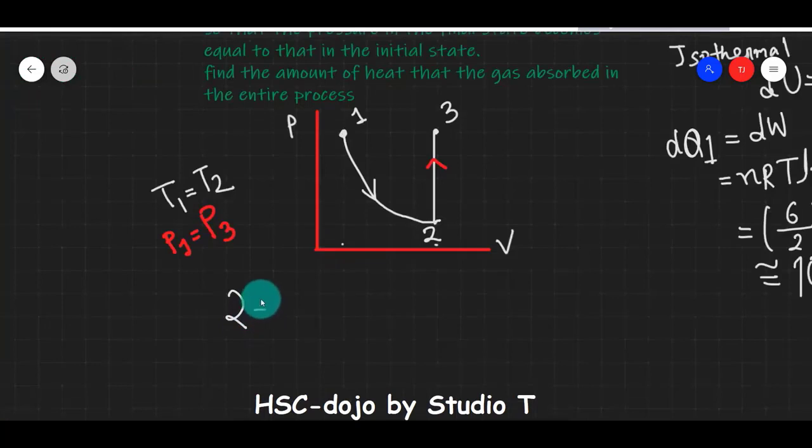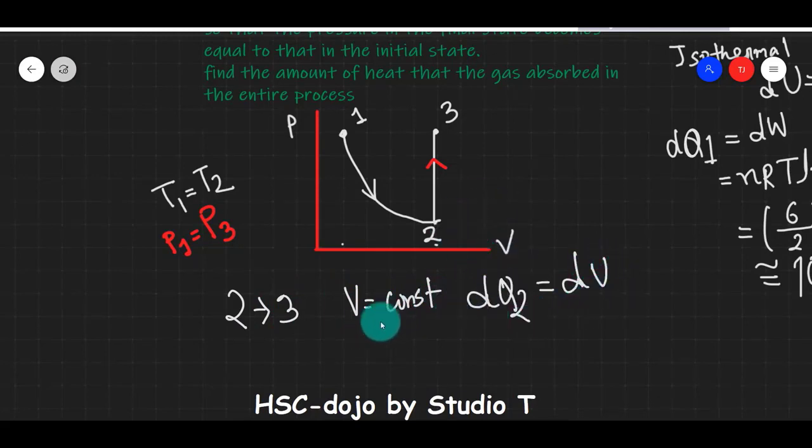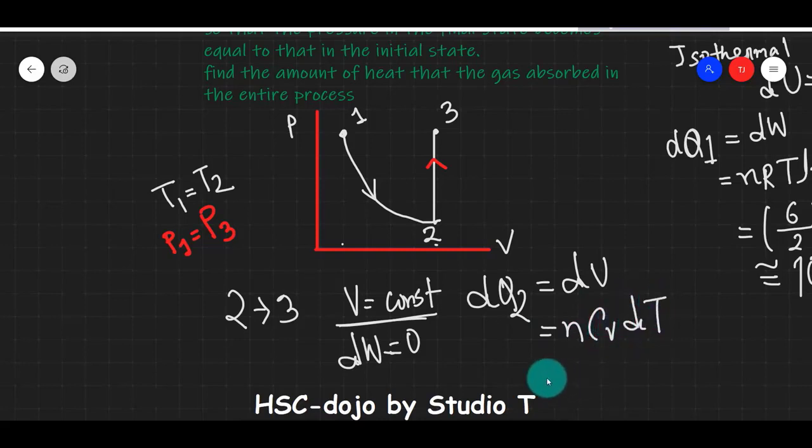Now here, keeping the volume constant, as in an isochoric process we all know work done is 0. That means total supplied heat will be used up in changing internal energy, which is actually nCv dT.